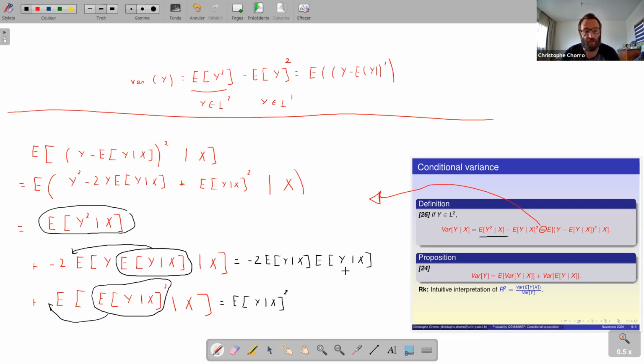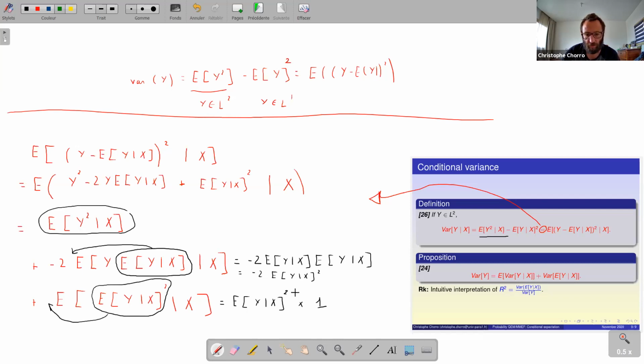The conditional expectation of 1 is just equal to 1 because the conditional expectation of a constant is a constant. And at the end, I remark that my term here is equal to minus 2 conditional expectation of y given x squared. So this term is this one.